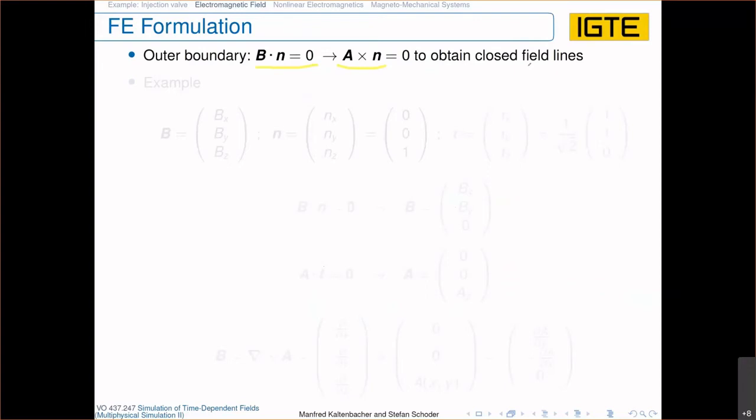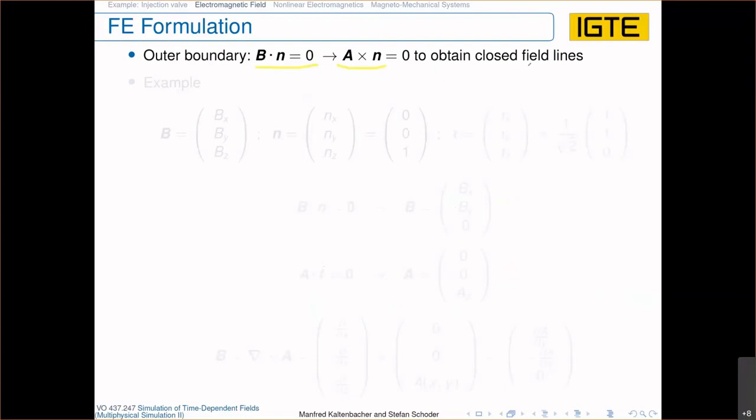Clearly, what we have to take into account, in magnetics we also have stray fields, so we also have fields within the air, and there clearly you should not limit your computational domain too strongly, otherwise you compress your physical magnetic field, and the numerical computation will have a large error.